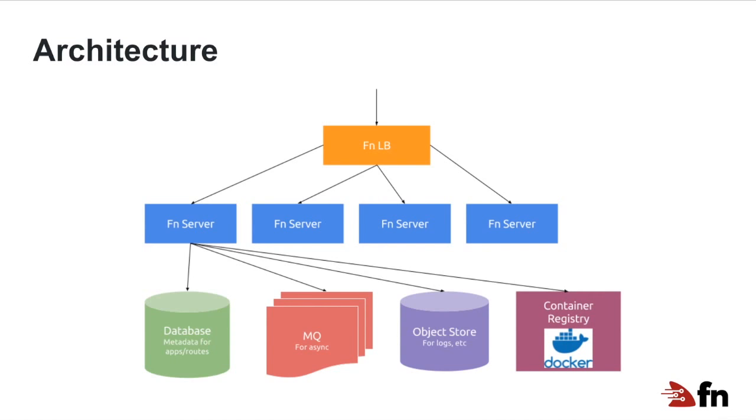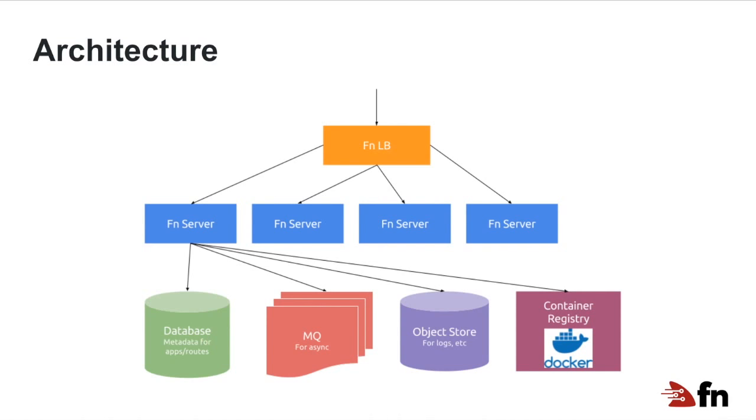Behind that, we have several different services that are required. A database, obviously, for mapping your apps and your routes. Routes are basically your URLs to functions. There's a message queue for asynchronous activity. There's an asynchronous mode where you can queue up jobs for functions, and they'll run at some point in the future.